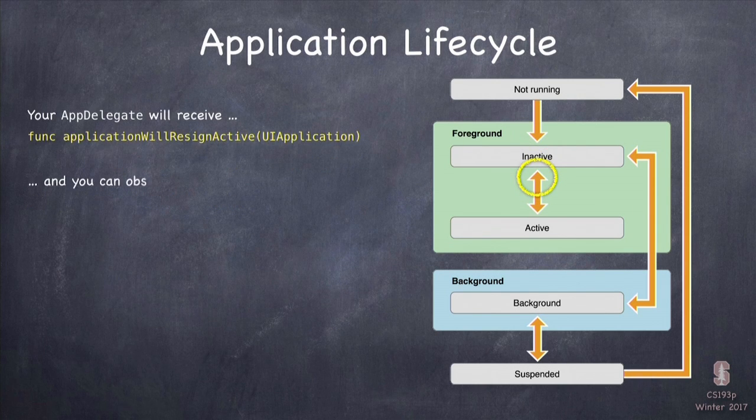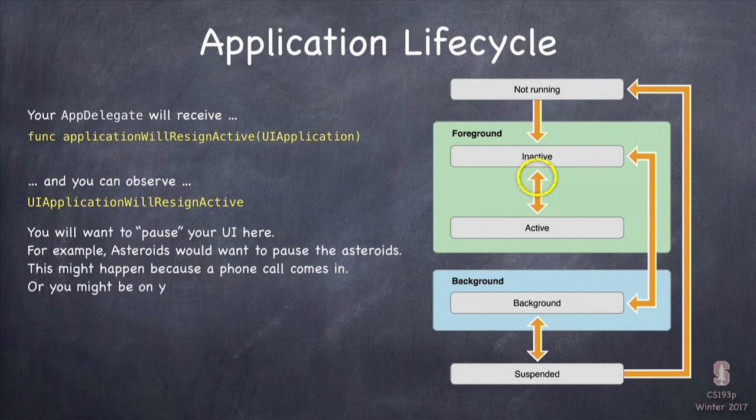Now, I want to talk briefly about an opposite arrow there that can go into the inactive state. You can get into inactive from not running, but you can also get inactive when you were running. Things happen like you switch to another app, other things can happen that cause you to go back to the inactive state where you no longer can do UI.